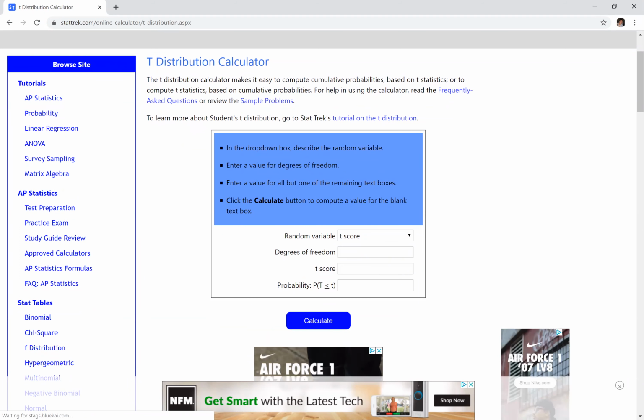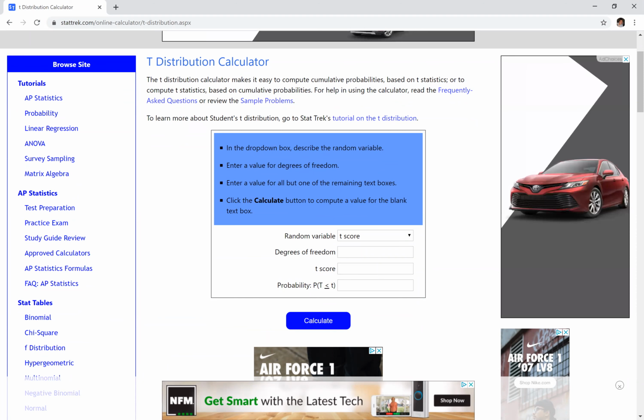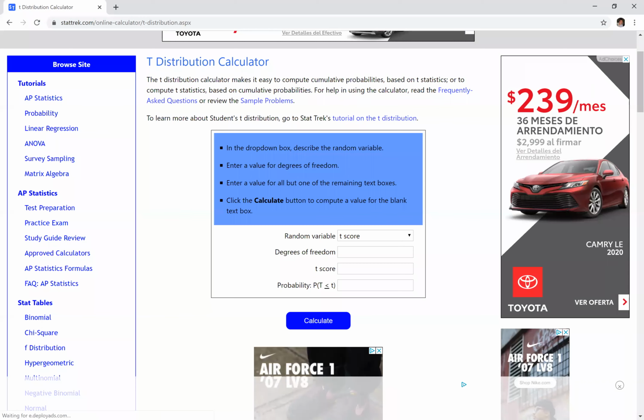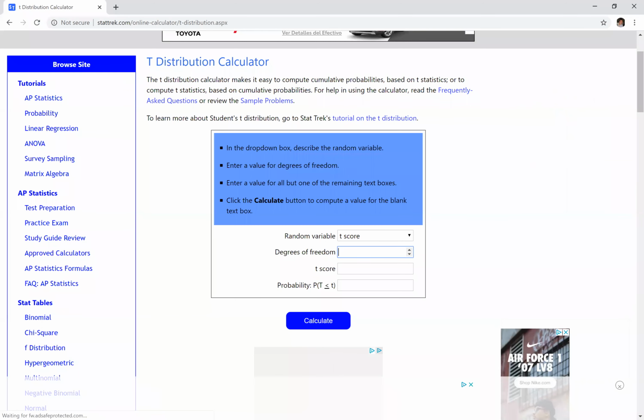It has a little box. You're always just going to complete two of the three quantities. Random variable you'll keep as t-score, and we're trying to evaluate a probability, so you should know you're not filling in that, but you do want to know degrees of freedom and the t-score.